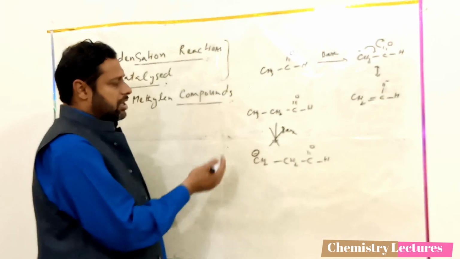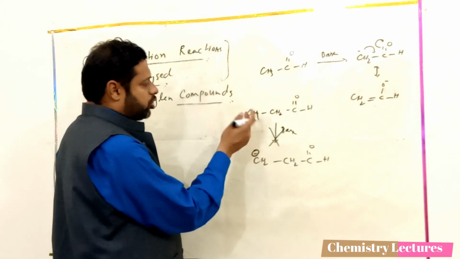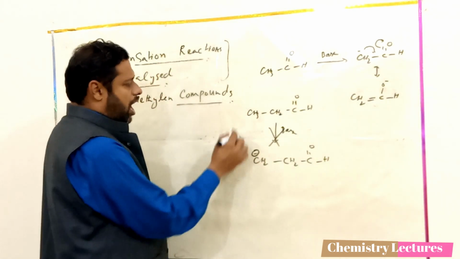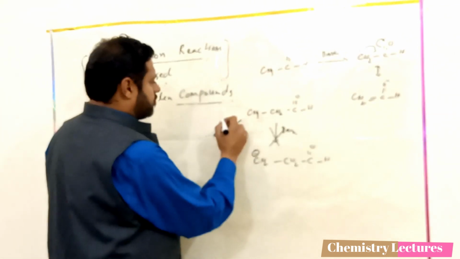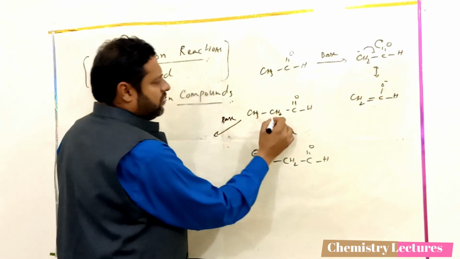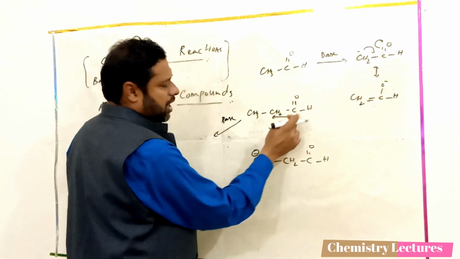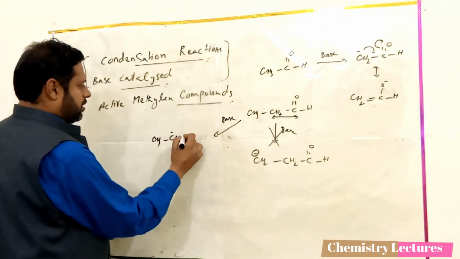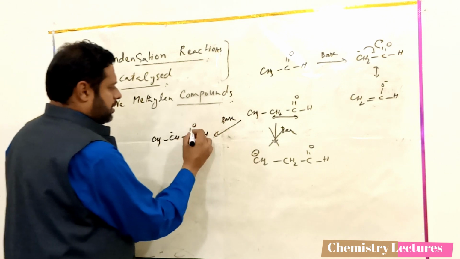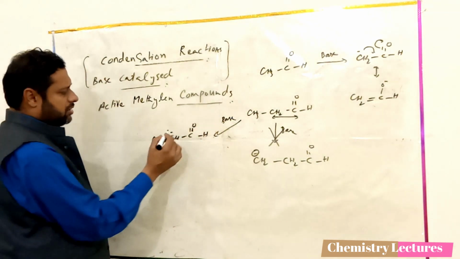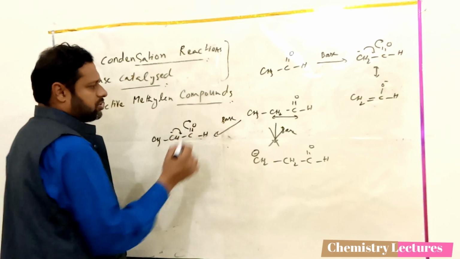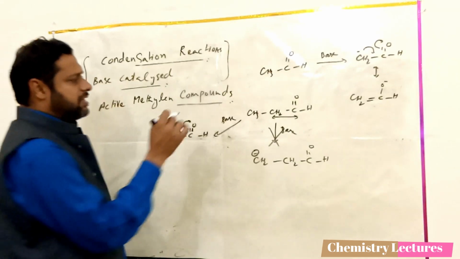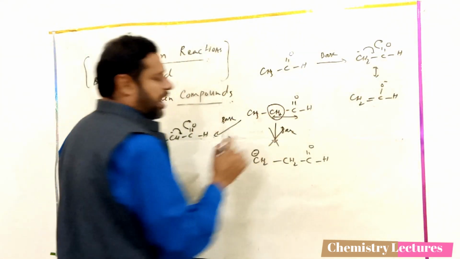Due to this reason, it is impossible to remove a proton from this methylene. However, if you want to remove a proton from this carbon which is attached to the carbonyl electron withdrawing group, it is very easy. Why? Because after removing the proton, this carbanion is formed which is resonance stabilized. So in this compound, this carbon is the active methylene.